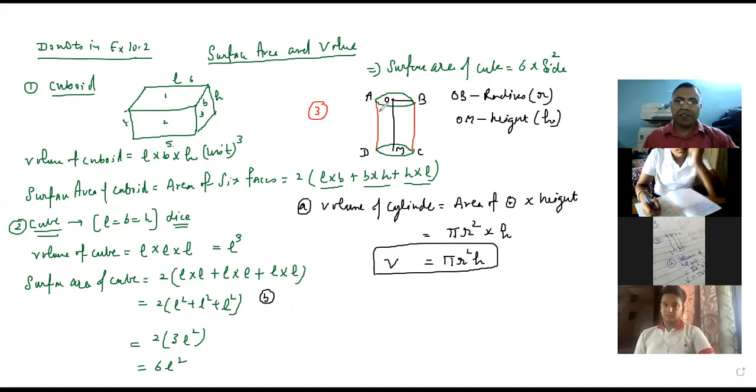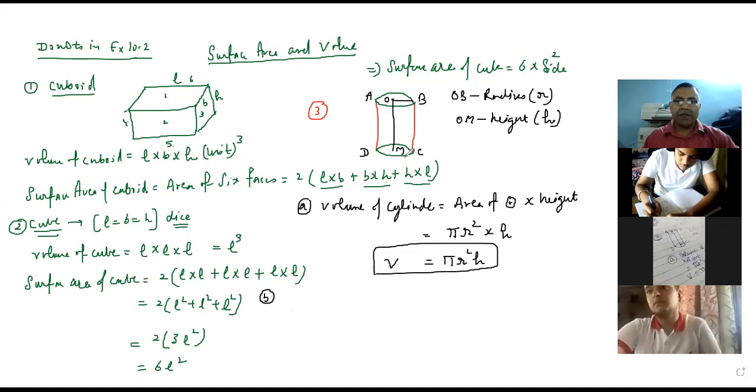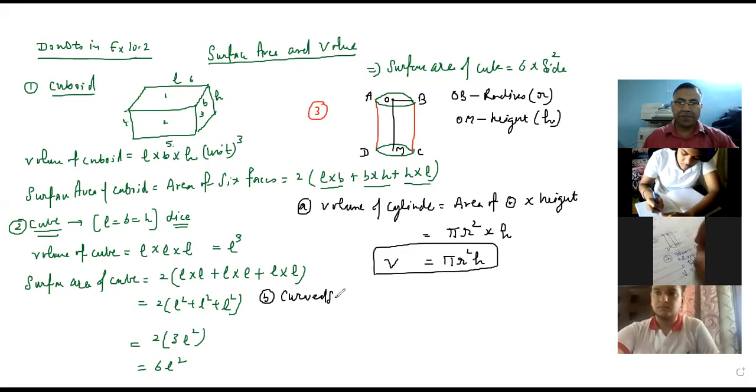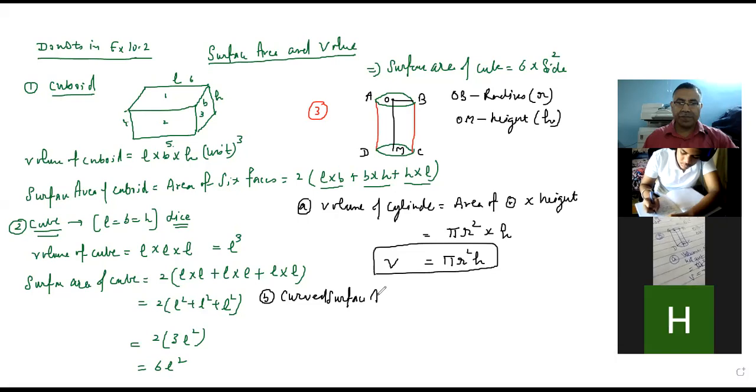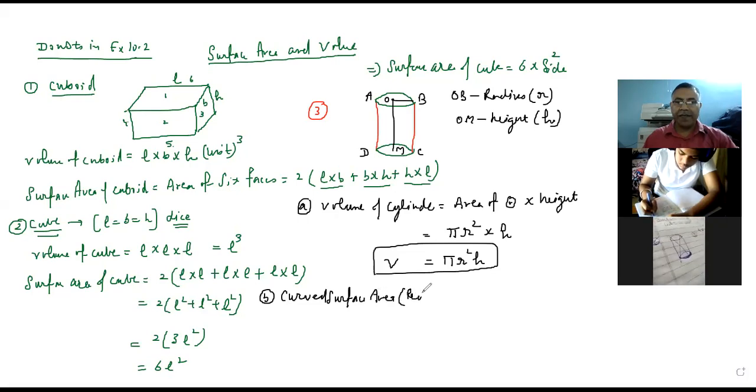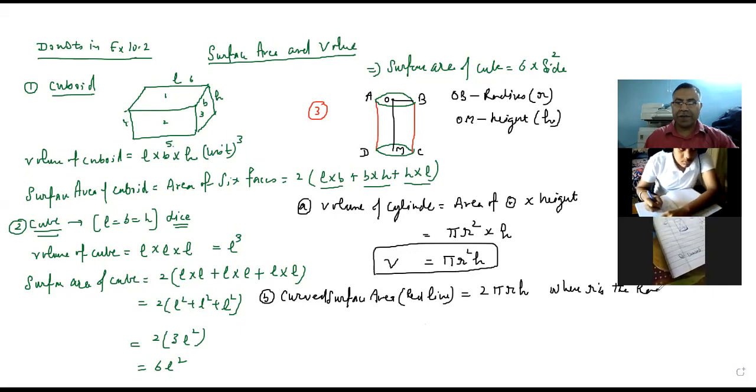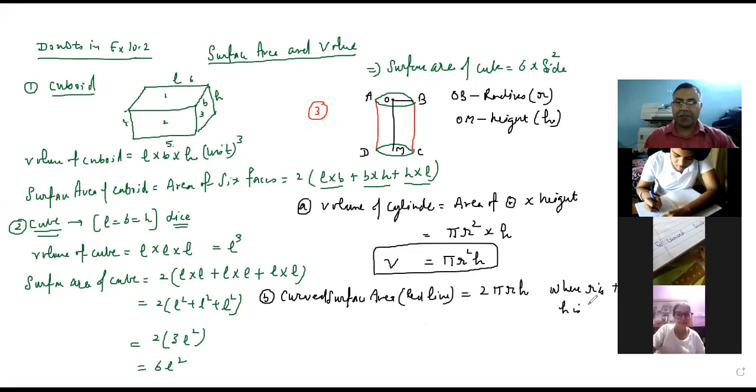If we consider only the red lines, suppose there is no circle AB and no circle CD, it will be just a pipe, because the closed container is not there on either end. So curved surface area means the red line area, and this is equal to 2 pi r h, where r is the radius and h is the height.